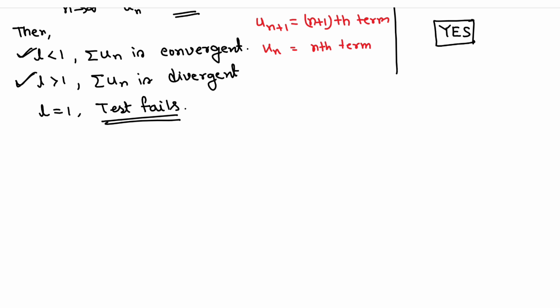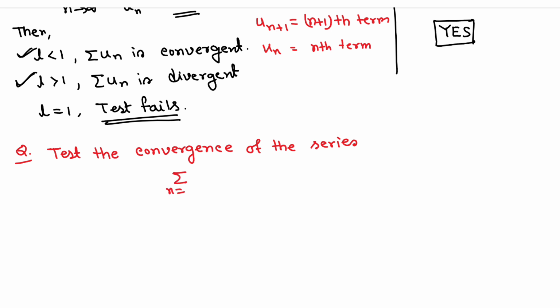Suppose the question is, test the convergence of the series summation n equals 1 to infinity n factorial into 2 to the power n divided by n to the power n.